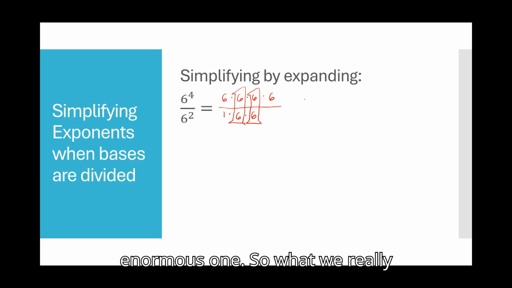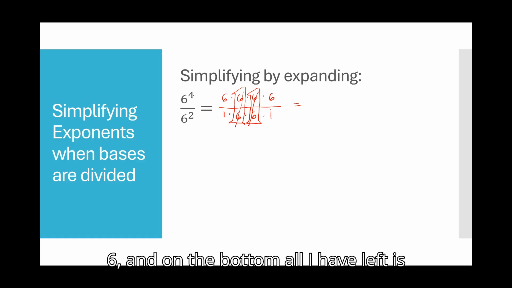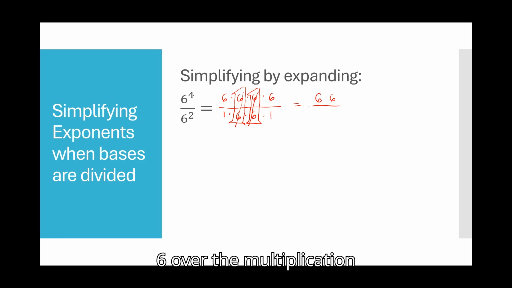So what we really have here is on the top, 6 times 1 times 1 times 6. And on the bottom, all I have left is 1s. So I have 6 times 6 over the multiplication version of nothing, which is 1. All my 6s got canceled out.